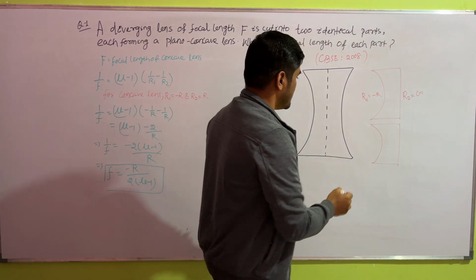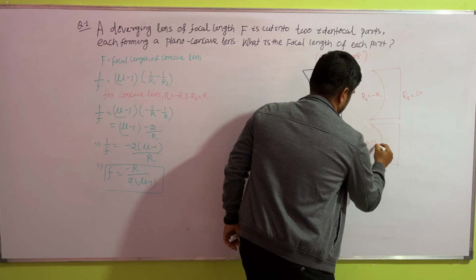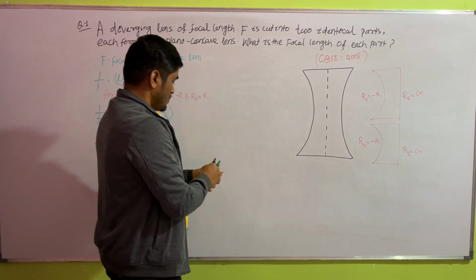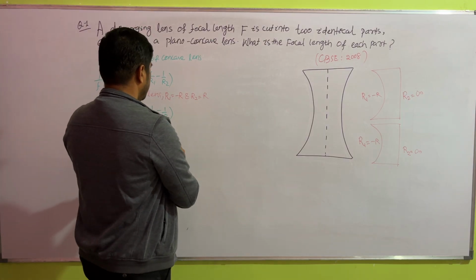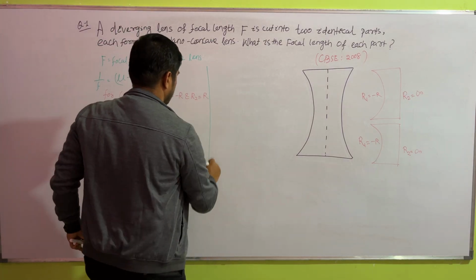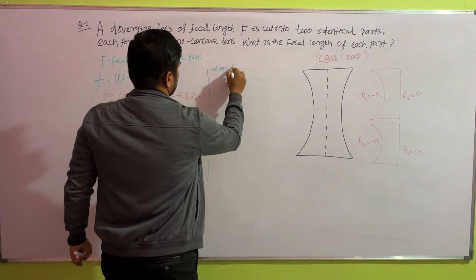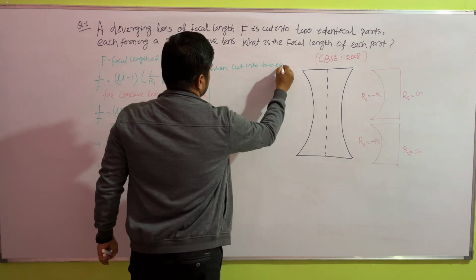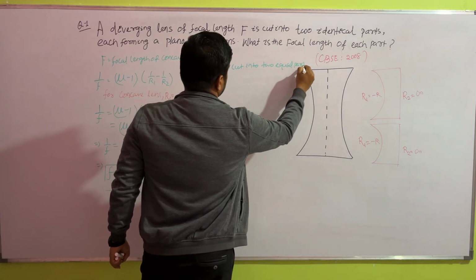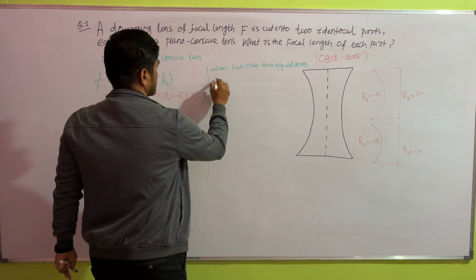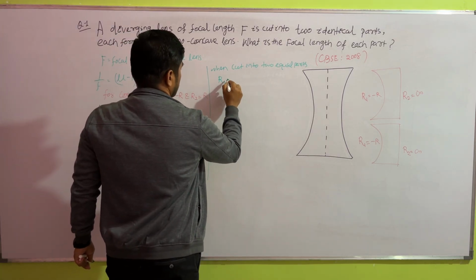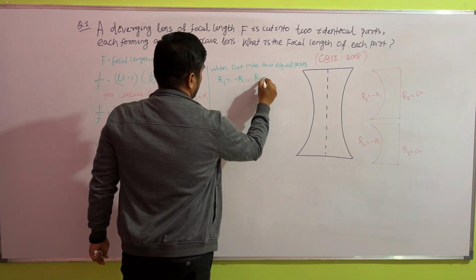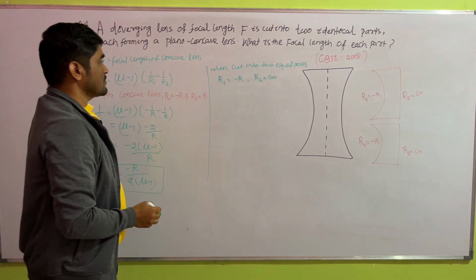Again for this surface r1 will be minus r and r2 will be infinite. So you can write, when cut into two equal parts, r1 is equal to minus r and r2 will be infinity.